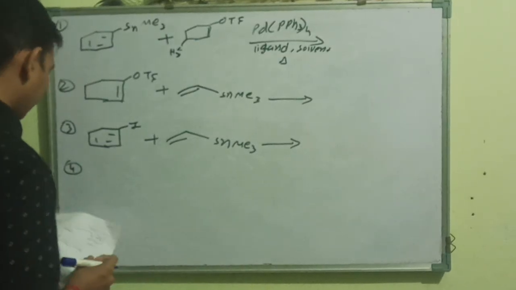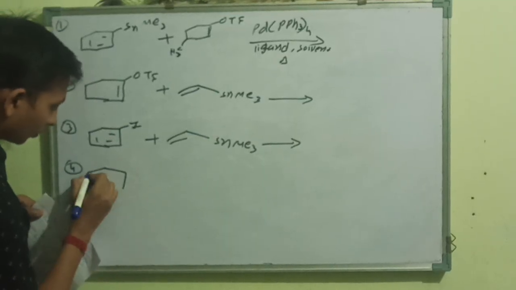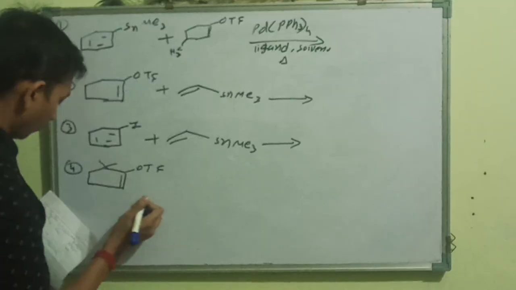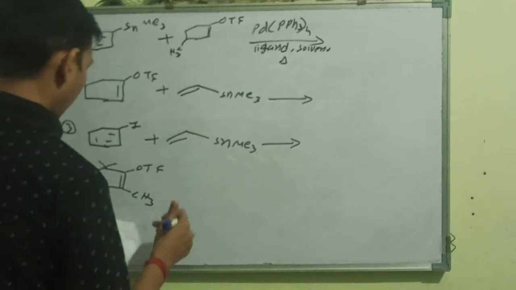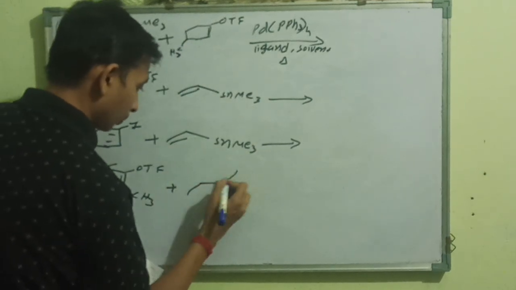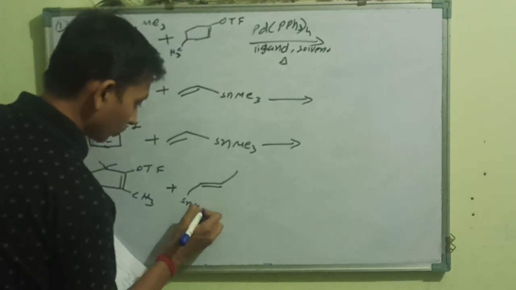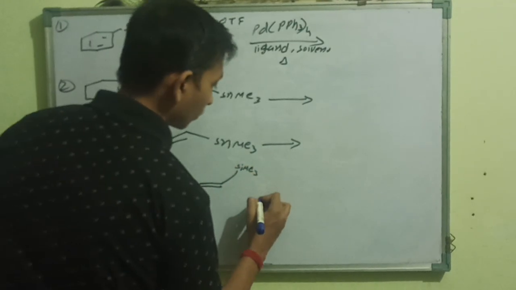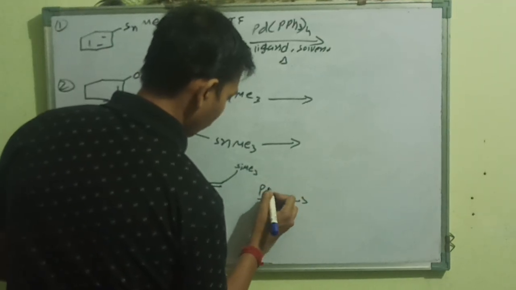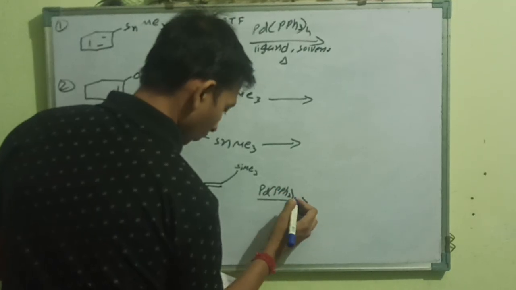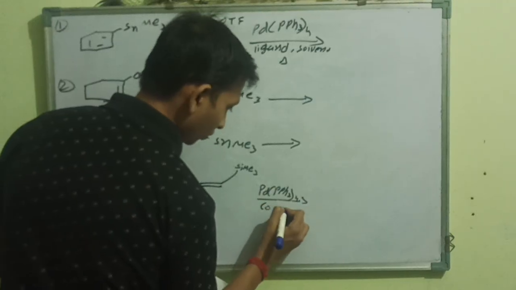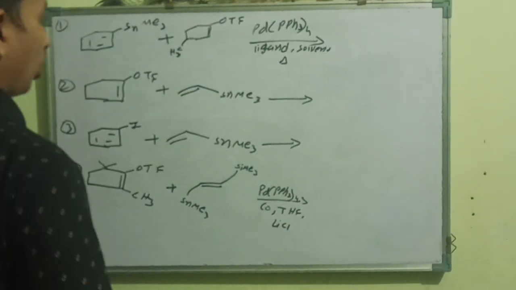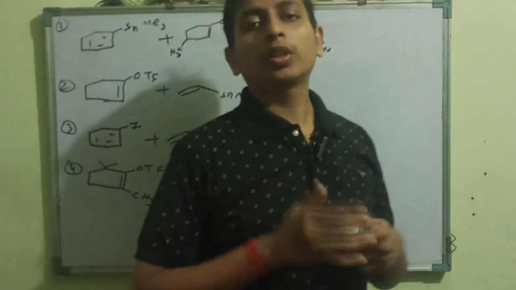Fourth question: OTF, CsF, Pd. Stop the video and write the product, then cross check.